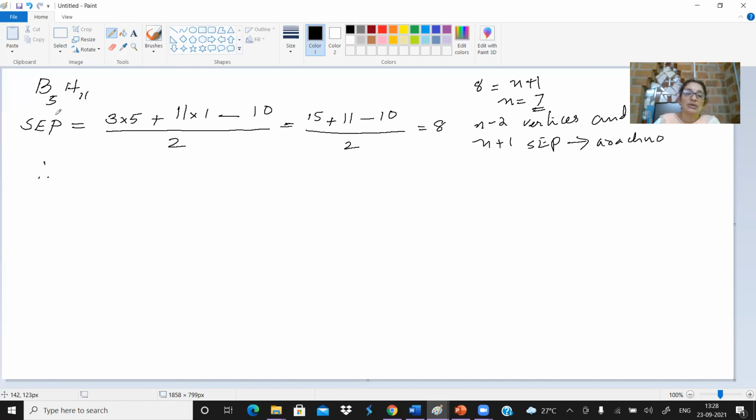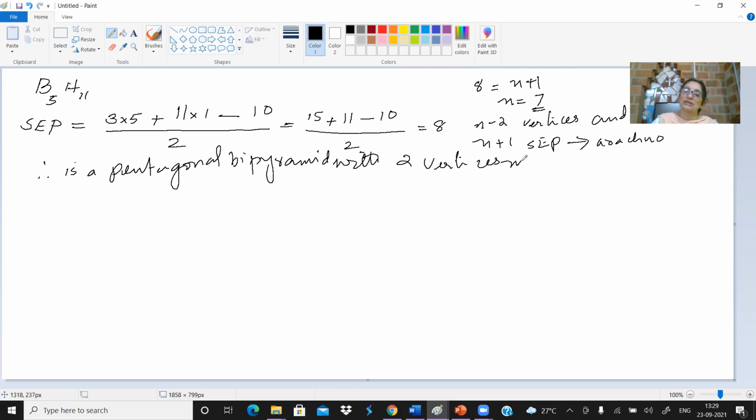That means the structure of this borane cluster is a pentagonal bipyramid with 2 vertices missing. That means this is an arachno structure, a pentagonal bipyramid with 2 vertices missing.